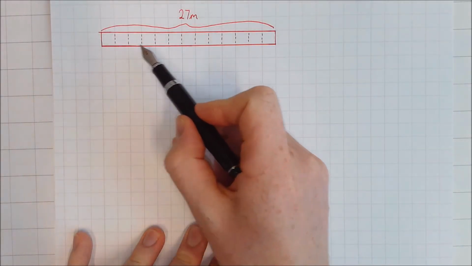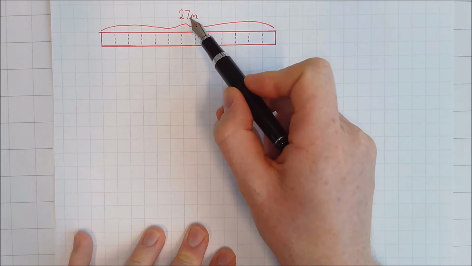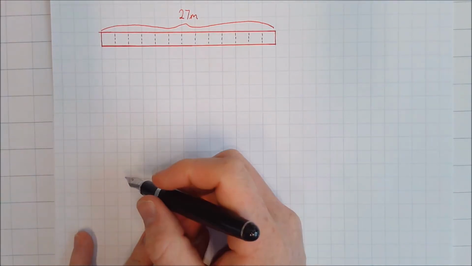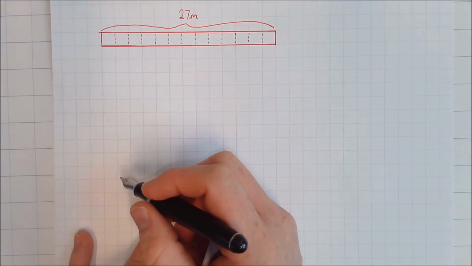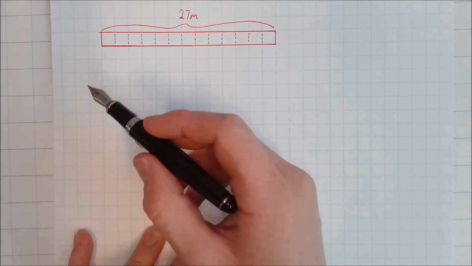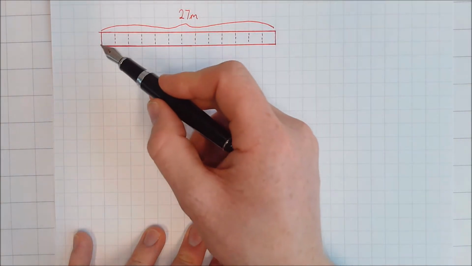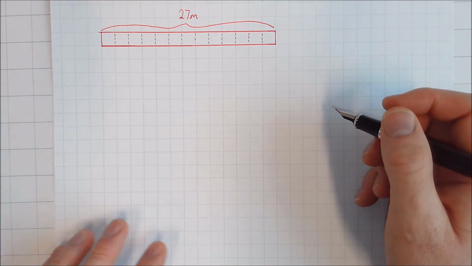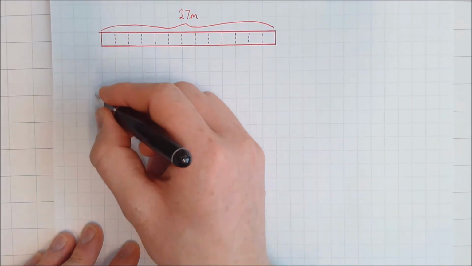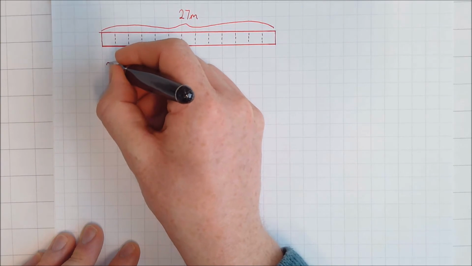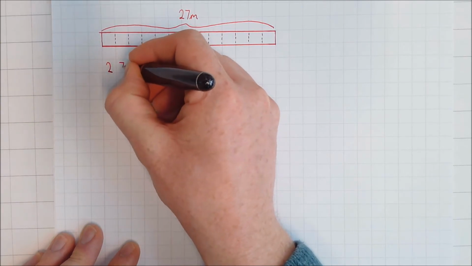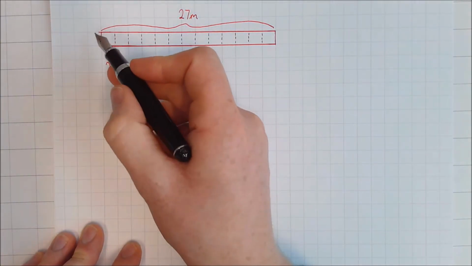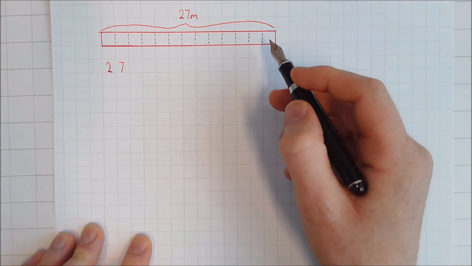Here we have a length of ribbon. It is 27 meters long. I want to know how long my pieces will be if I split it into 13 equal pieces. Well, for this, our calculation would be 27, which is our dividend, the amount that we are going to share out.